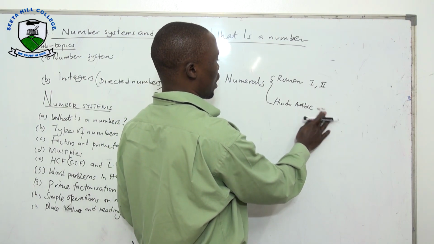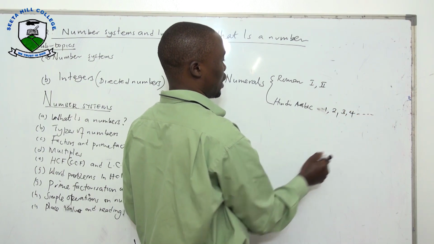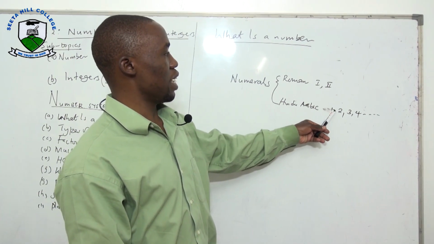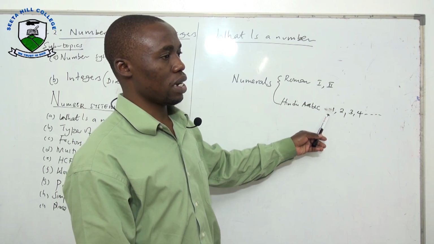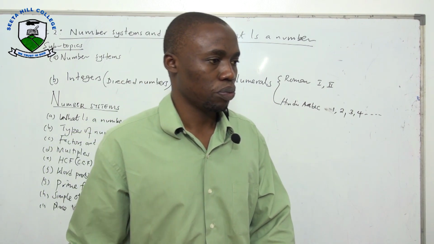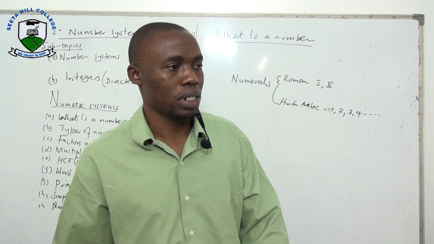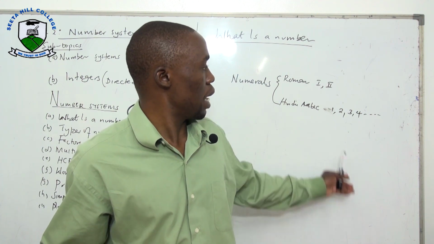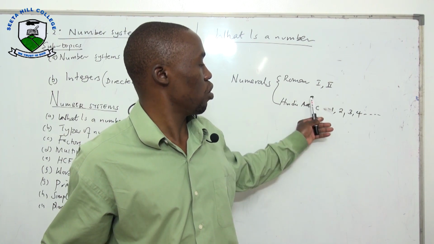Then the Hindu-Arabic numerals were the ones called 1, 2, etc. So a number can either be a Roman numeral or a Hindu-Arabic numeral. Simply a number is a symbol of a numeral, either in digit form, as she said, or in Roman numeral form.